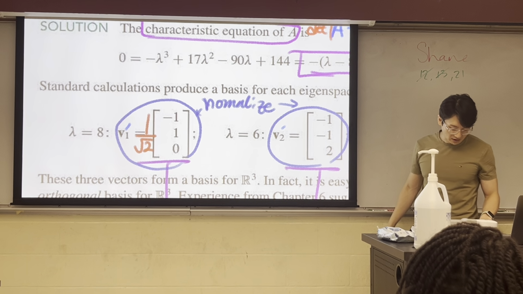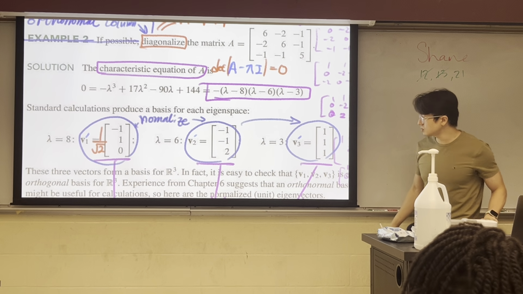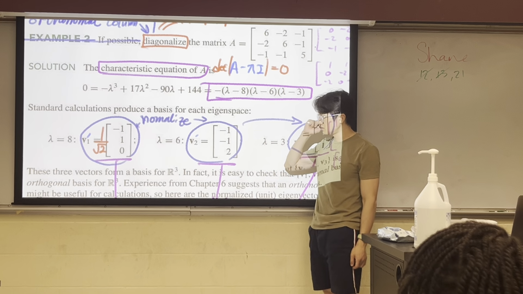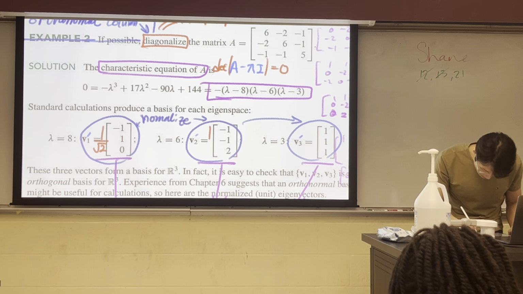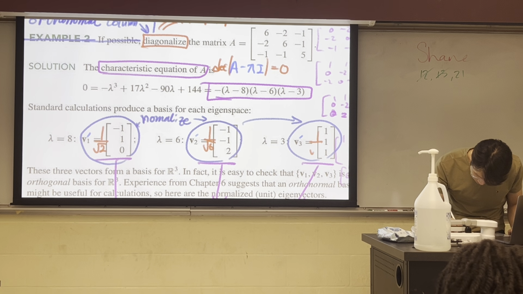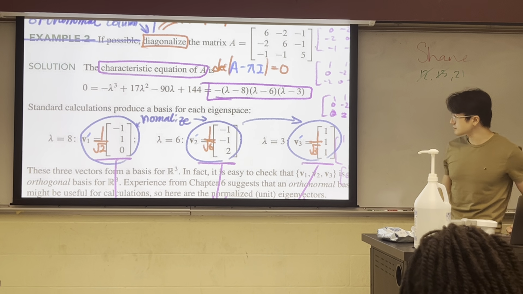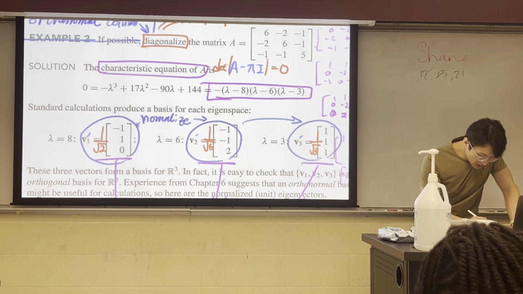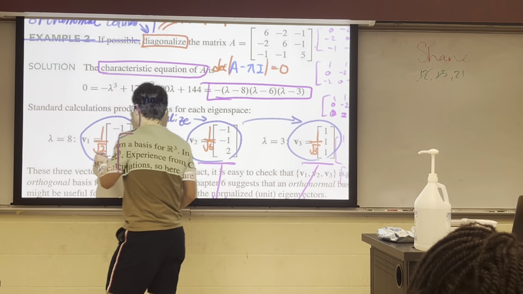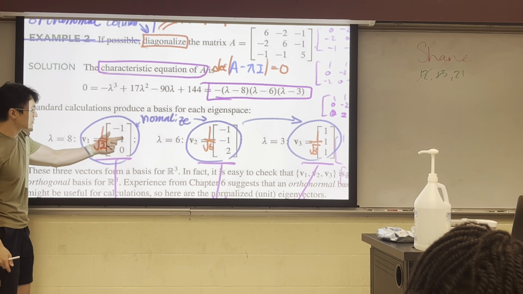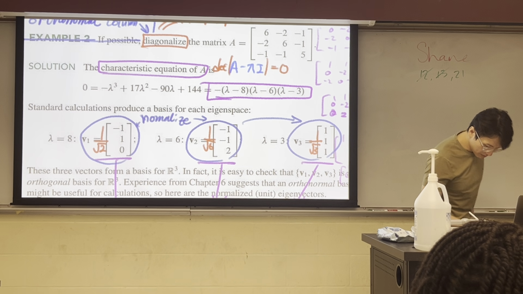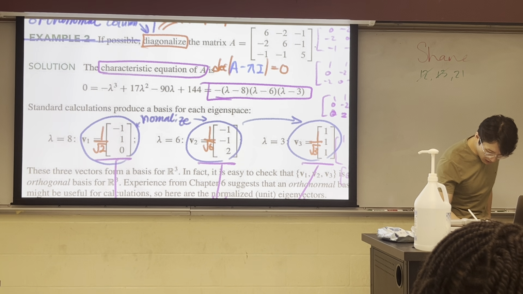Now I want to repeat the same process for the other two vectors. What is the length of this? Yeah, square root 6, so you just divide by square root 6. Originally the name of this vector was v1, but I'm going to call it v1 prime because I normalized it.